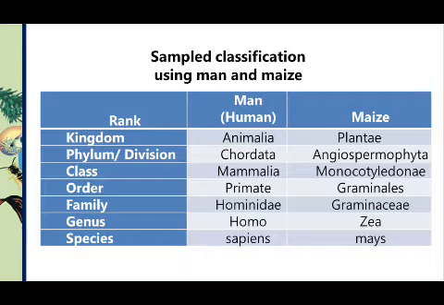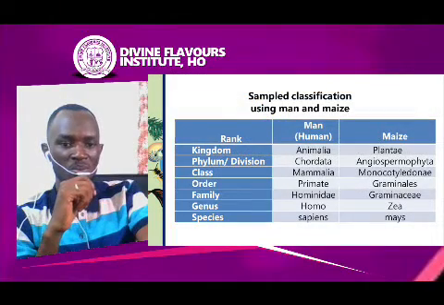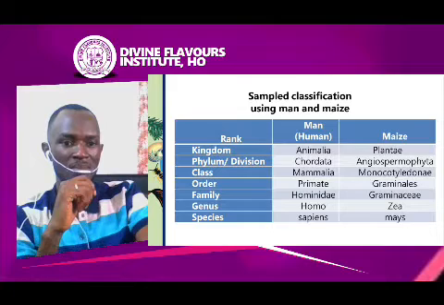In terms of the family, Hominidae is for human, and maize belongs to the Graminaceae. Then the genus, Homo for human, and in the case of maize, that will be Zea. And in the case of the species, we have sapiens for man, and for maize, we have mays. All right, now let's take a look at how the names are written.